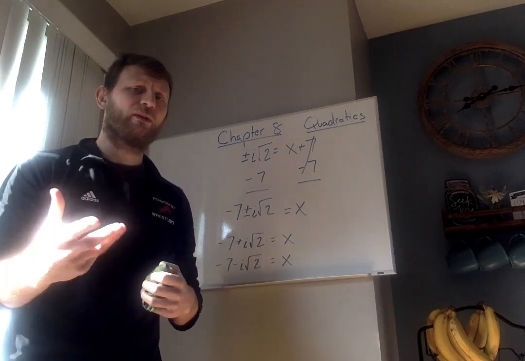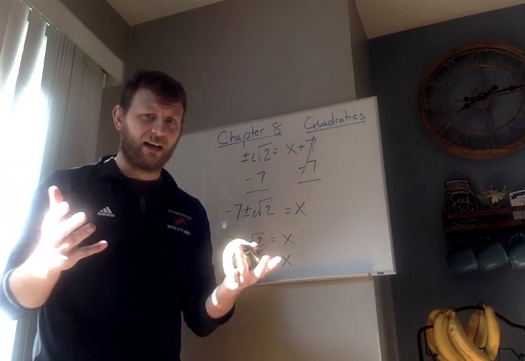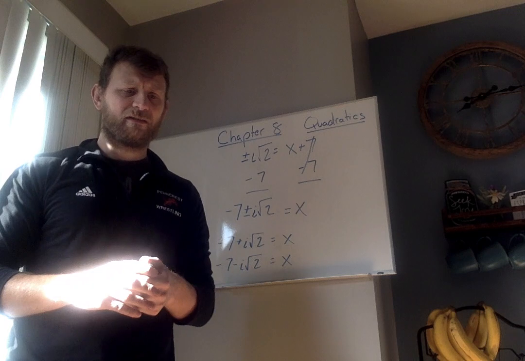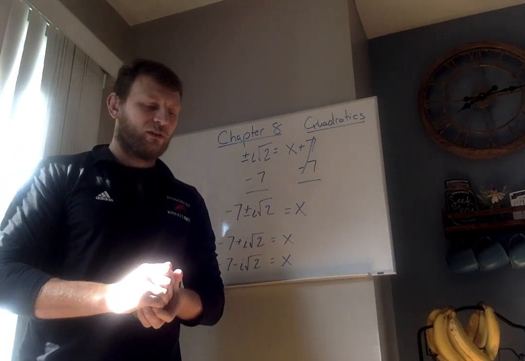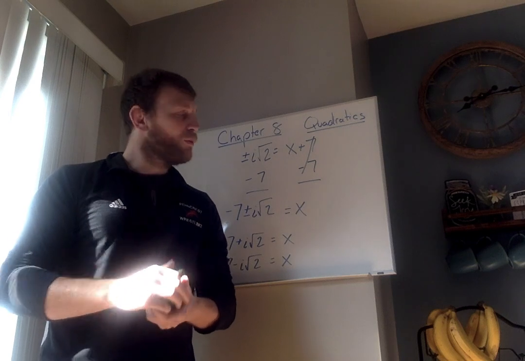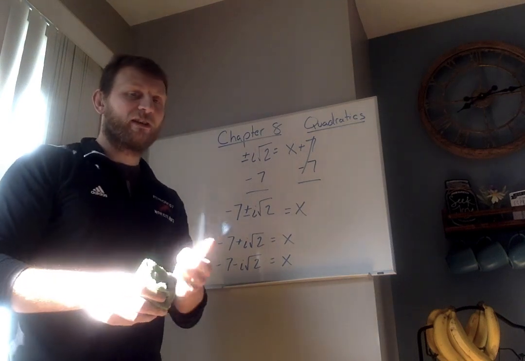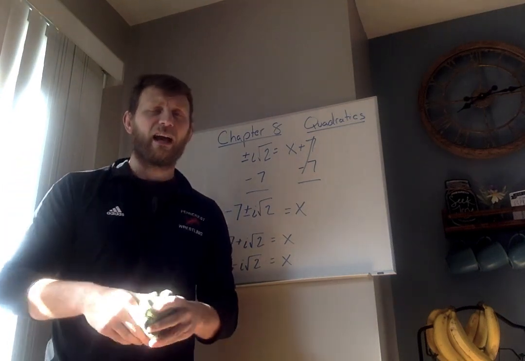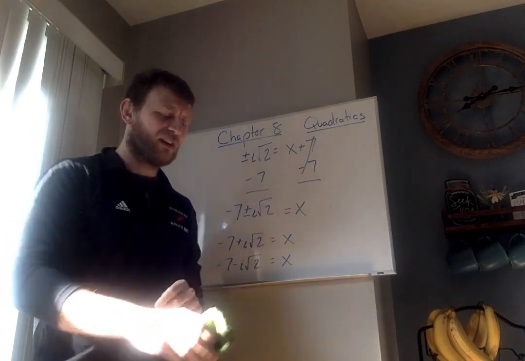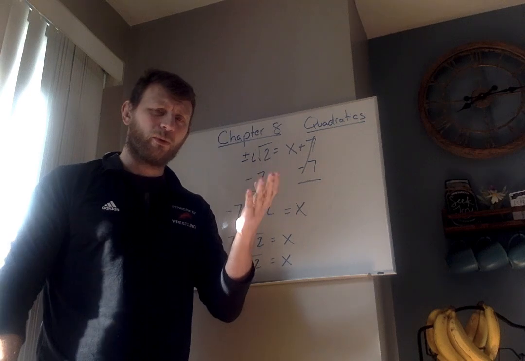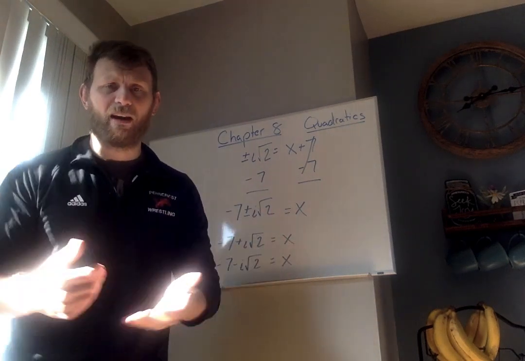If I don't have any x-intercepts, if I'm looking at the graph and it doesn't cross, well, then I have no real solutions. The cool part about these is imaginary numbers come in pairs. I can't have one imaginary number. There's always two. So I can have 0, 2, 4, 6, 8. It's always in a pair.